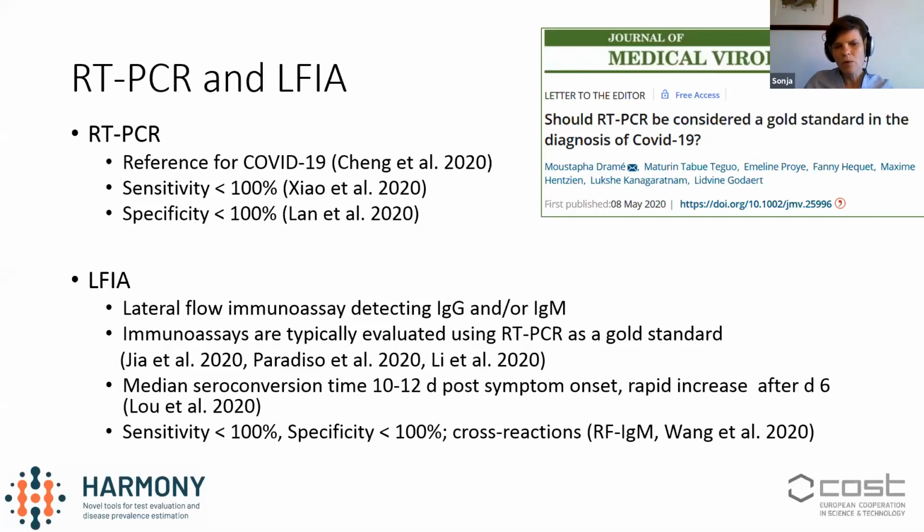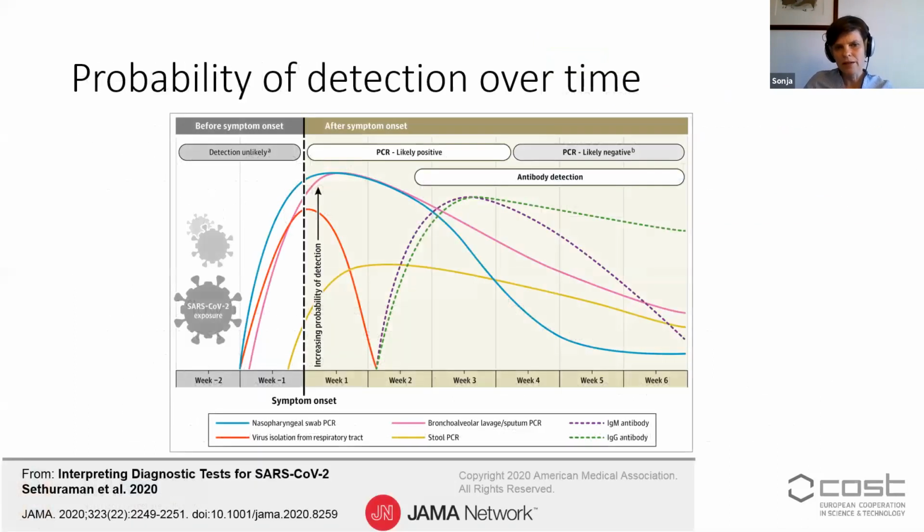And when looking more in the literature at what is available with regard to the variability over time, we found this paper from Sethuraman, who combined different studies in a qualitative manner and came up with this plot showing on the y-axis the probability of detection.